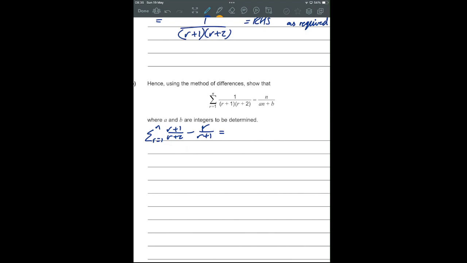And then I'm just going to write out the first few terms. So when r is 1, this is 2/3 minus a half. When r is 2, that's 3/4 minus 2/3. Then it's 4/5 minus 3/4. So we're starting to see the pattern. I'm going to go dot, dot, dot. I'm going to do the last 2.